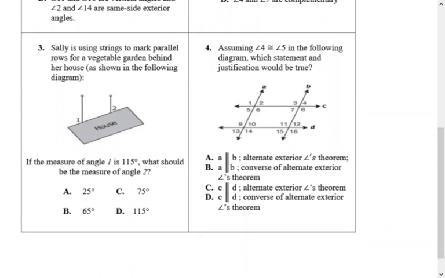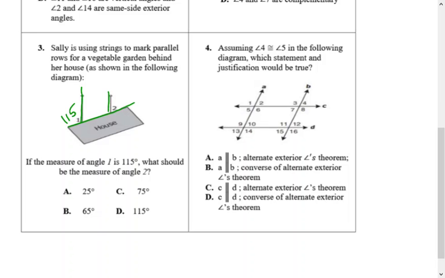And number 3 says that Sally's using strings to mark parallel rows for a vegetable garden behind her house. If the measure of angle 1 is 115, so the first thing I'm going to do is label angle 1 as 115. What should the measure be of angle 2? So if you look at this, we have parallel strings, we're told they're parallel, and a transversal.